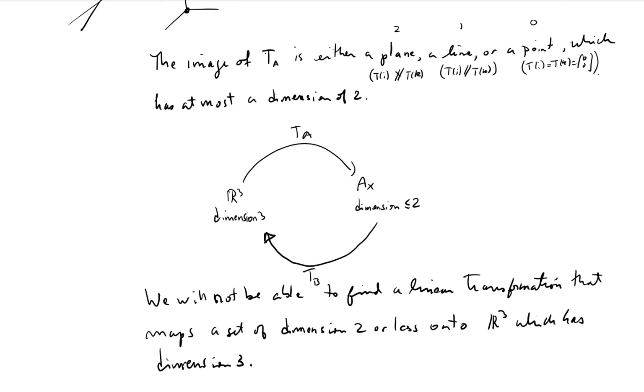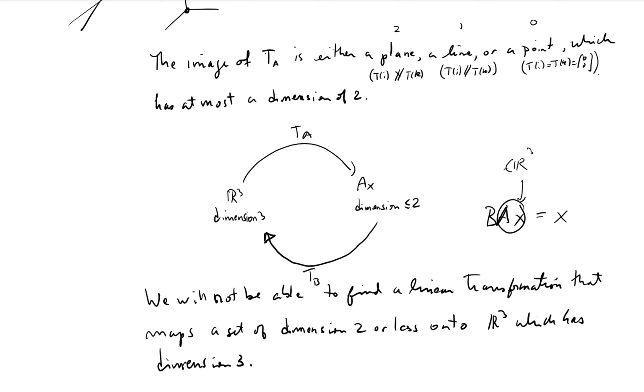Because of this, right, I'm not going to be able to go back to where I initially started. So that means if I do BAX, I'm not going to be able to get X for every X. This X here is in R3.